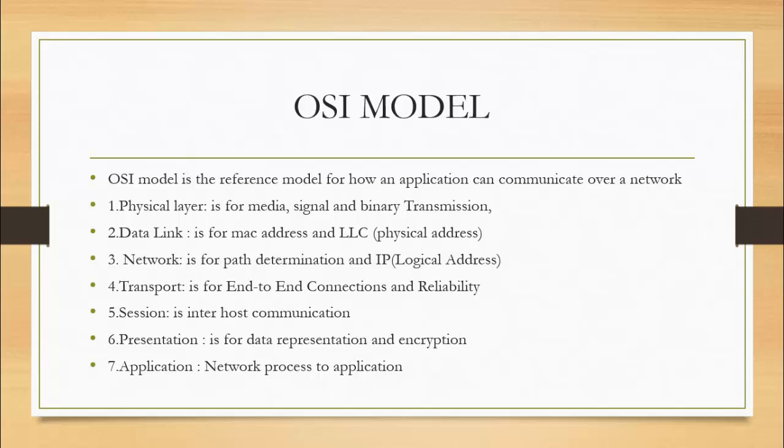First of all, we need to look at how the OSI model works. The OSI model in computer networking is the basic fundamental you need to understand, so be a good networker. So let's read. The OSI model is the reference model for how an application can communicate over a network.